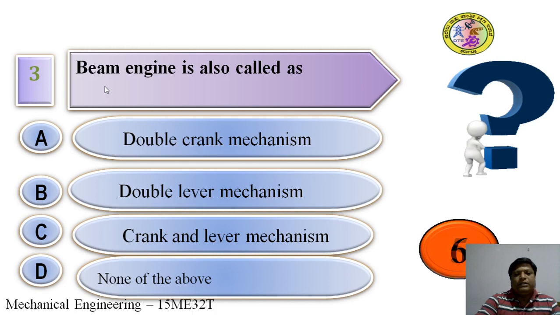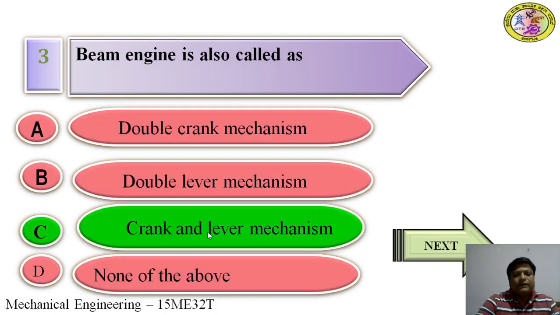Its applications are extrusion of steel rod, sawing, controlling inlet valves in high pressure gas and fluid oil pipelines, punching and piercing, etc. So the beam engine is also called a crank and lever mechanism.